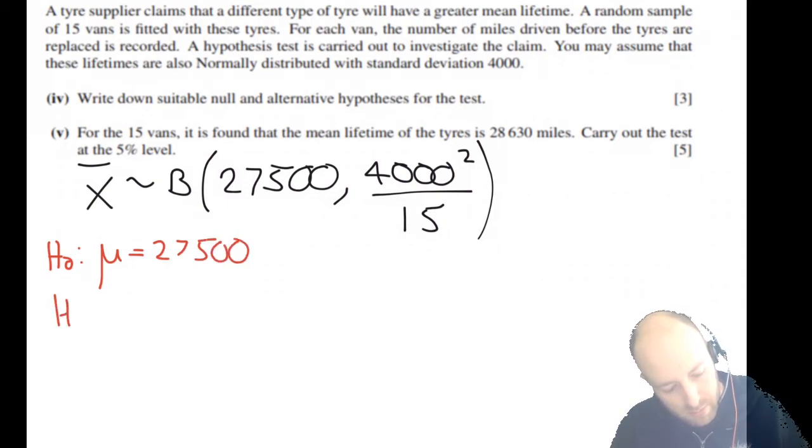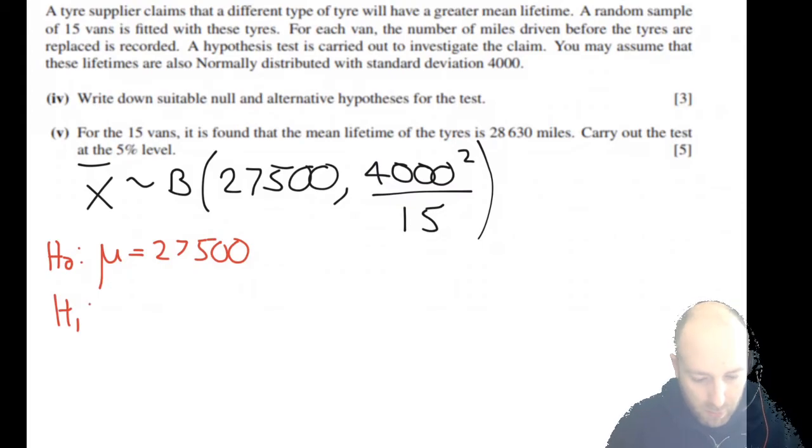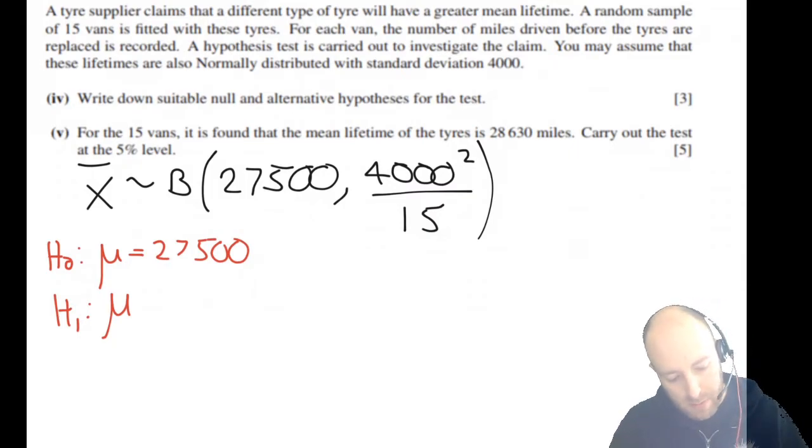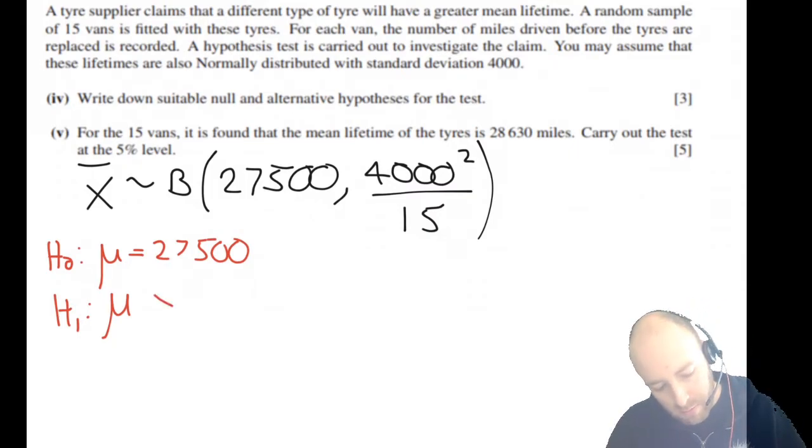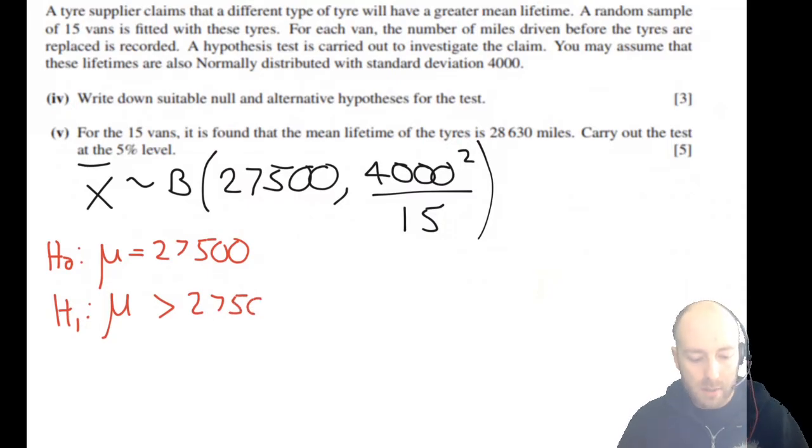Alternative hypothesis: the mean is greater. They're claiming it will have a greater lifetime, so we're trying to test if the mean has increased. Okay, so that's part 4.